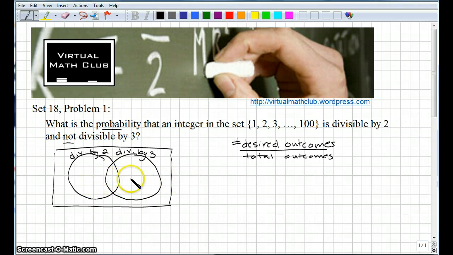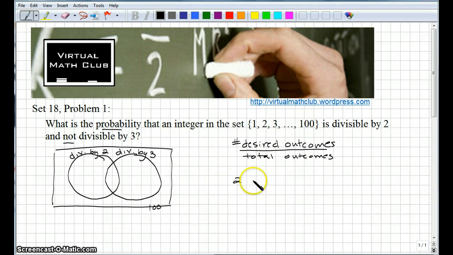So let's first look at the total number of numbers in this whole set, which is 100, right? So I'm just going to write that on the line down here. Now how many numbers in this set of 100 are divisible by 2? Well, that's not too bad because essentially every other number is divisible by 2. 2, 4, 6, 8, 10, all the way up.